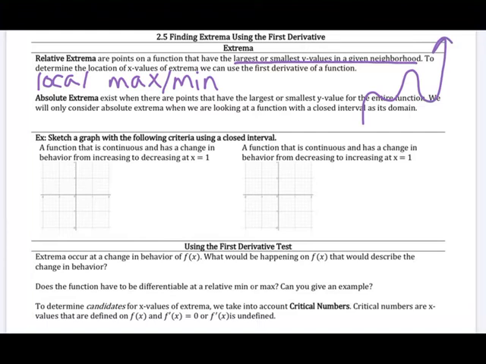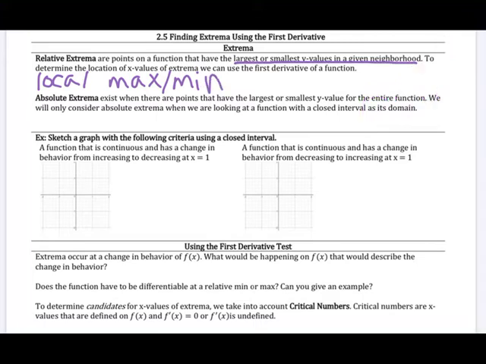If I had a function that looked something like this, there are multiple local maximums along that function, as well as there are multiple local minimums along that function. So local or relative extrema, meaning they are extreme given what is happening to the left and the right of those values. And what we're going to focus on today is how you can use the first derivative of a function to identify if you have a local max or a local min.